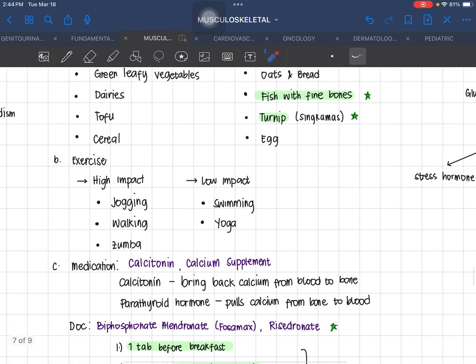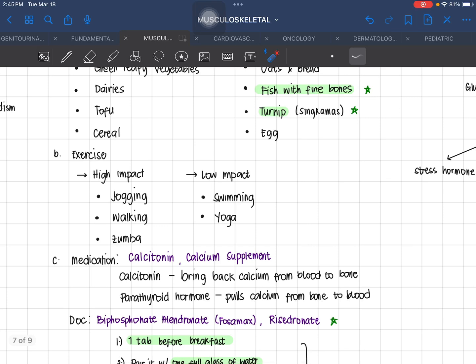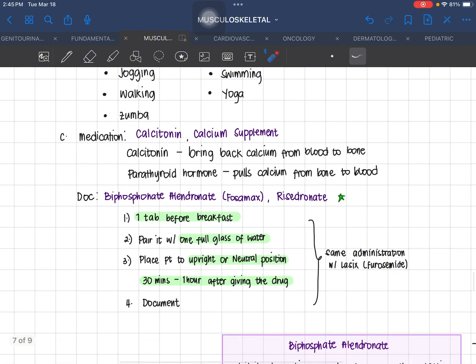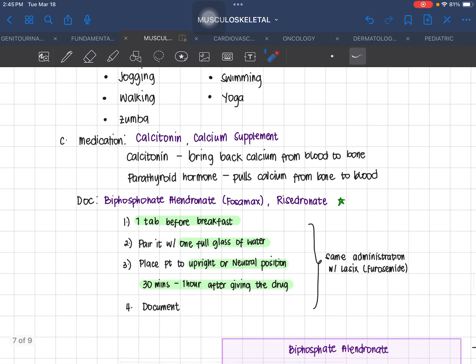So, dapat din tayo ay mag-exercise. It can be high impact or low impact. Anything. So, meron din tayo medications for osteoporosis. Ang meds natin doon, of course, yung mga calcium supplements. Kailangan natin i-increase yung calcium sa bone. And also, calcitonin.